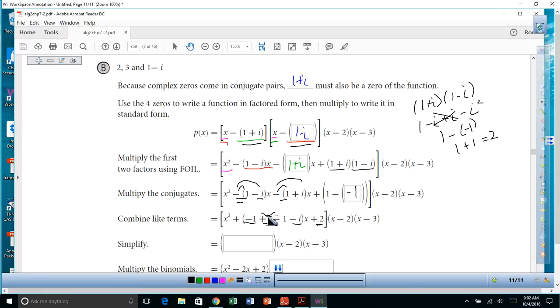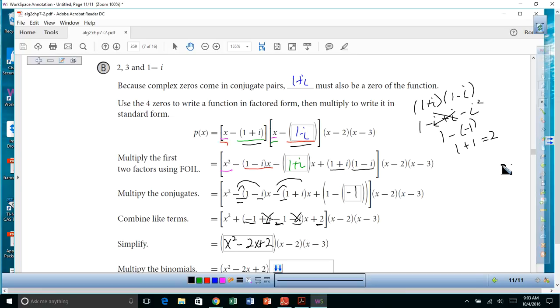If you'll notice, these two i's cancel out, and you got negative 1 minus 1, so you got x squared. Negative 1 minus 1 is minus 2, multiplied by the x, negative 2x, and then you got the plus 2 left there.